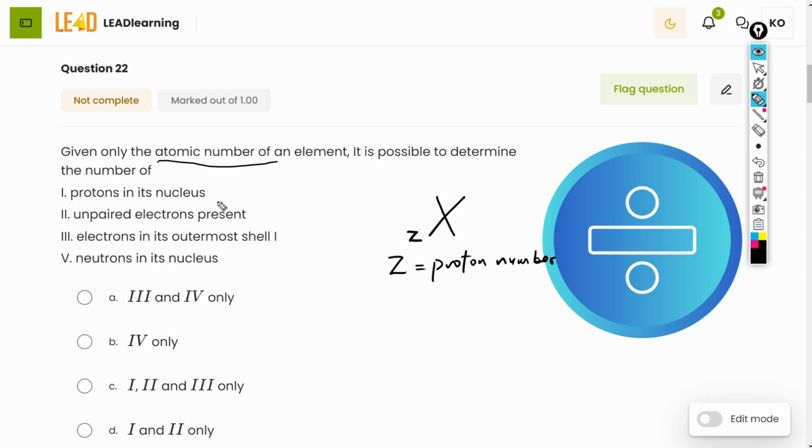I can determine the protons in its nucleus, because proton number is defined as the number of protons in the nucleus of an atom.